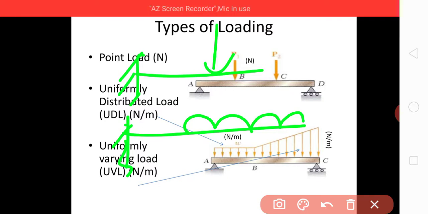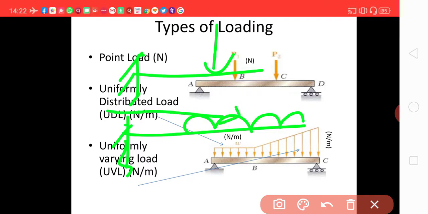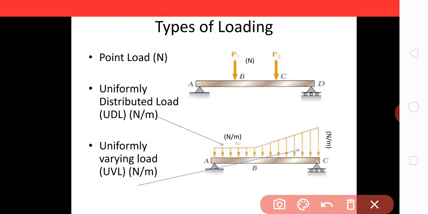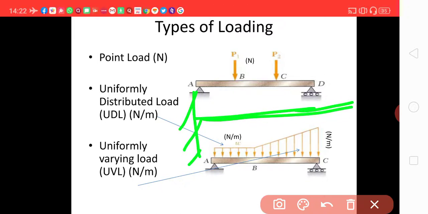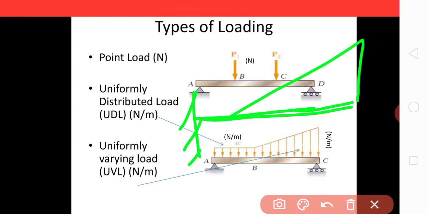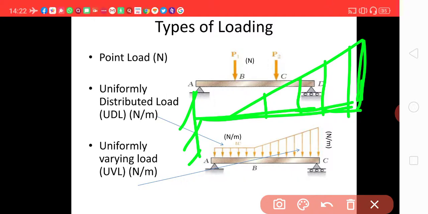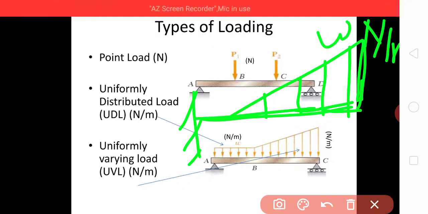This will be a uniformly distributed load, or there will be a load which is varying as per length, in Newton per meter, like this.